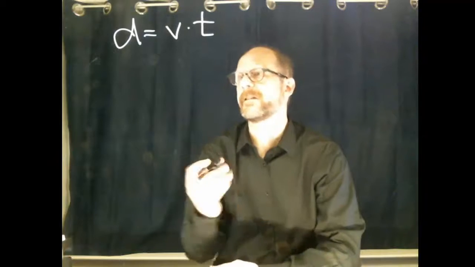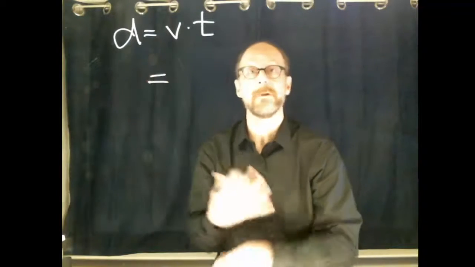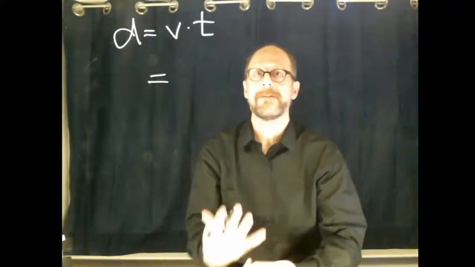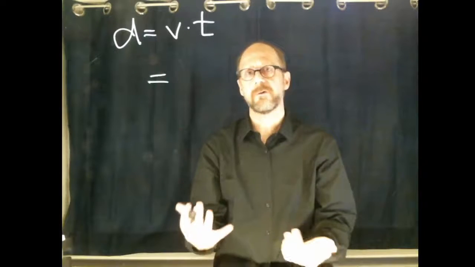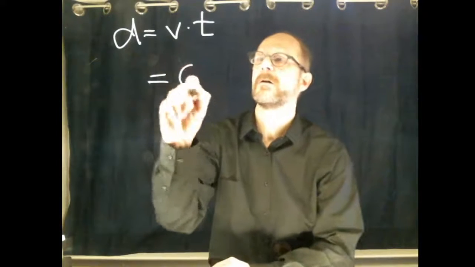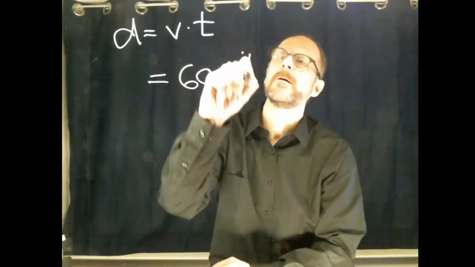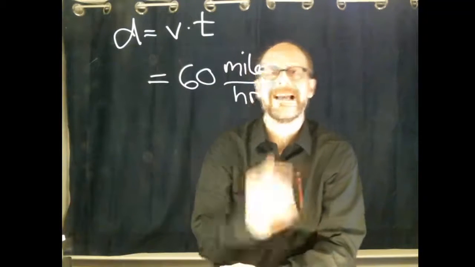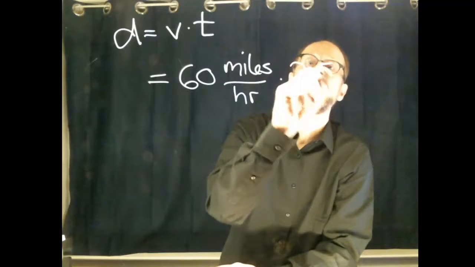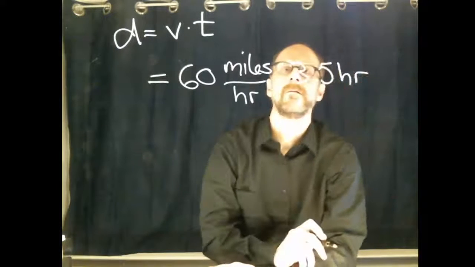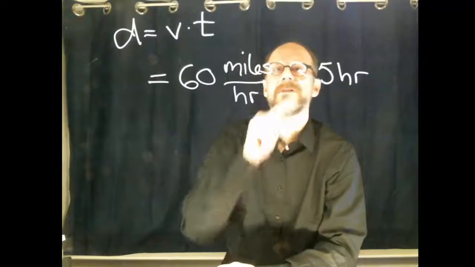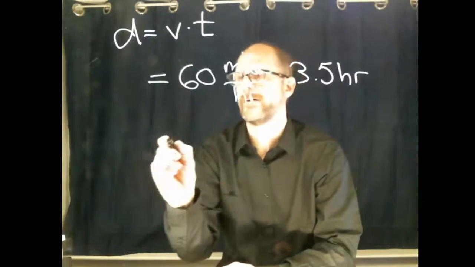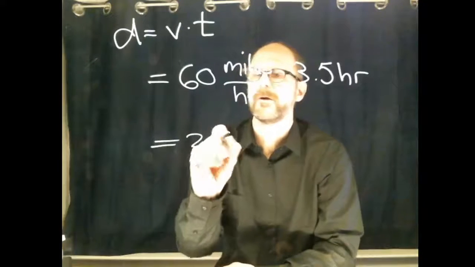And so, for instance, that example of going to the beach, 3.5 hours away. Well, let's say you're driving at 60 miles per hour. And let's say you're going 3.5 hours. So 60 times 3.5, that gives us 210.